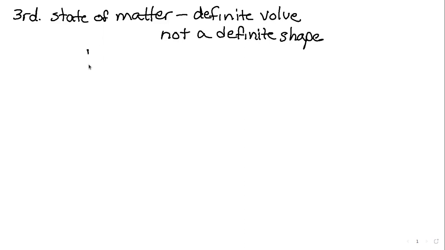If it has no definite shape, it's going to fit into its container and flow around in there. So that would be a liquid. And a liquid is E.